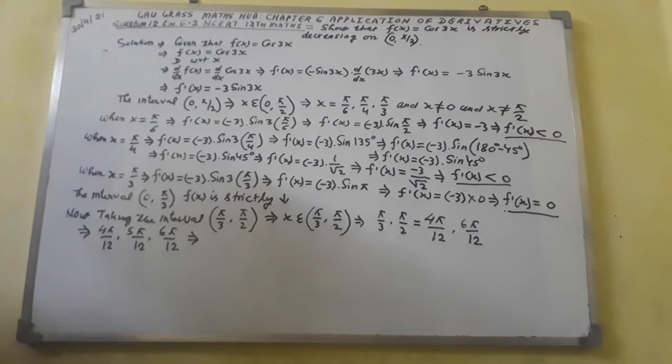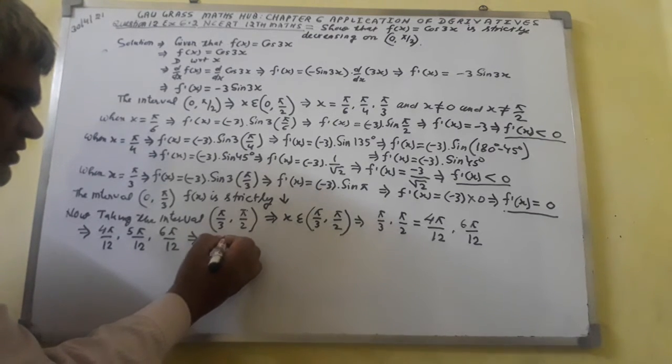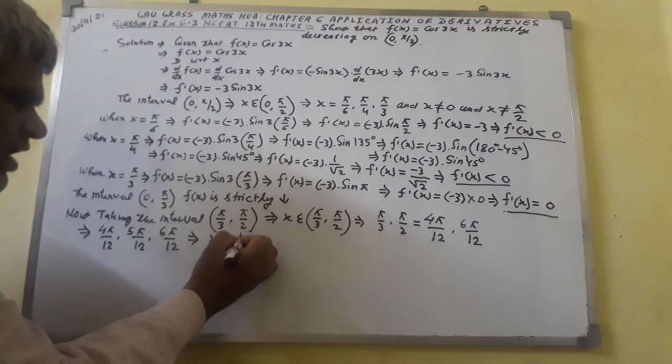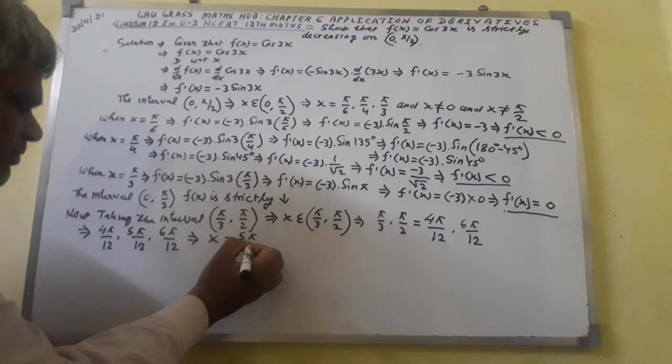Implied that value of x will be 5 pi over 12.